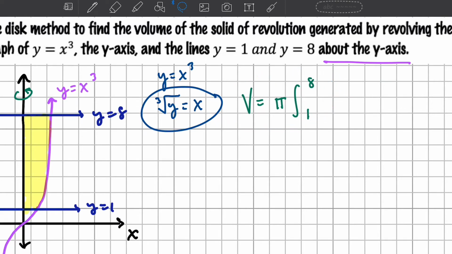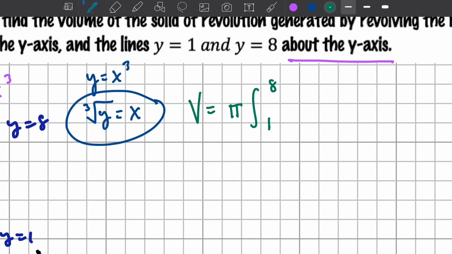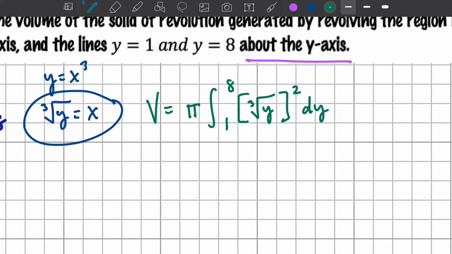So let me move this back again. The function is going to be the cube root of y, squared, dy with respect to y.